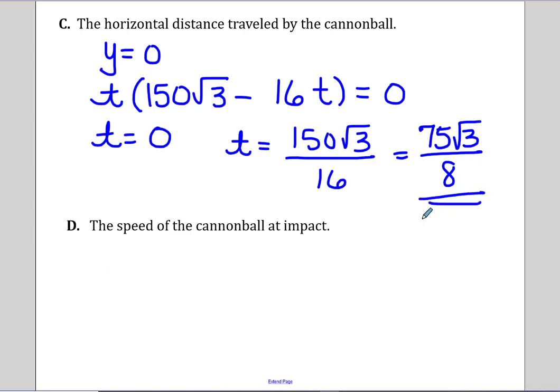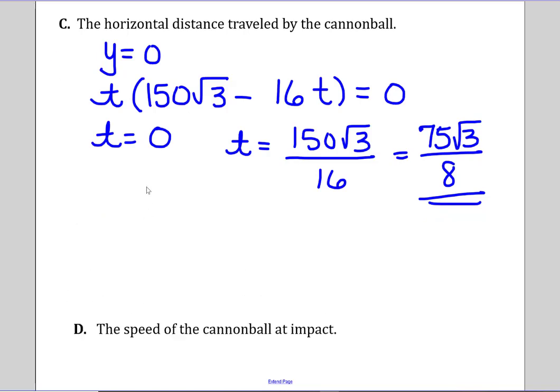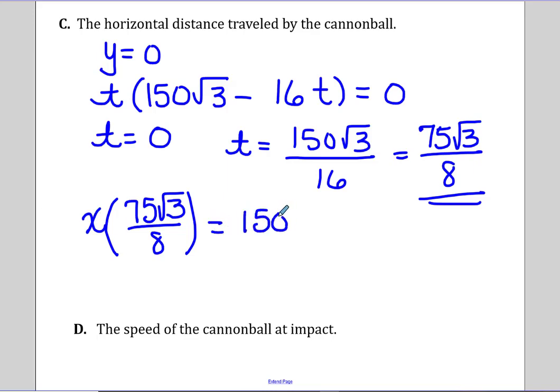The speed of the cannonball. Let's see, we need to get that out of the way so we can answer this. The horizontal distance traveled by the cannonball would be the x of 75 radical 3 over 8. So going back to the x coordinate, that was what, 150 times our t value? So 150 times 75 radical 3 over 8.